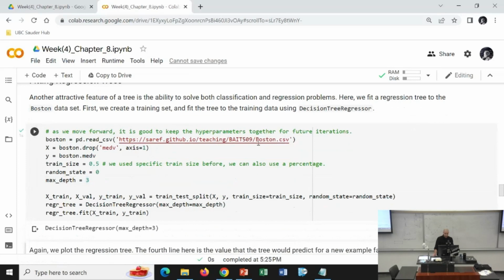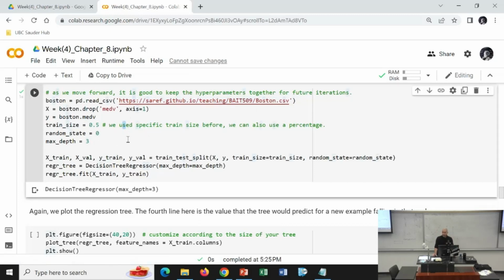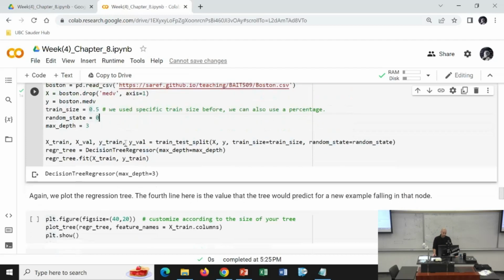For this one, we're using Boston housing prices. It's a database on prices of property in Boston in the 1960s or something. One relevant variable is LSTAT, which is the fraction of poor people in that neighborhood.